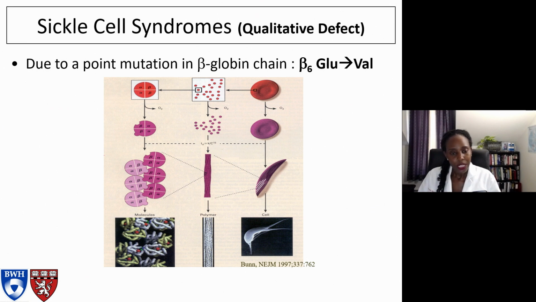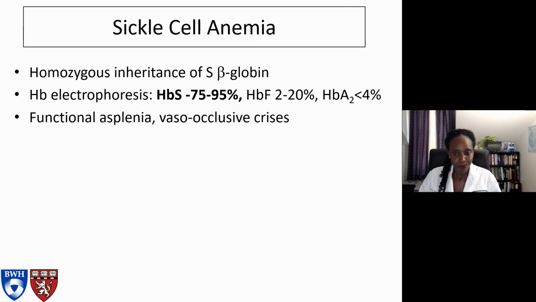Now, under conditions of deoxygenation, red cells that have sickle hemoglobin change conformation in such a way as to allow docking of molecules of hemoglobin, that form these 14 fiber polymers that align themselves in red cells and cause the sickle shape.